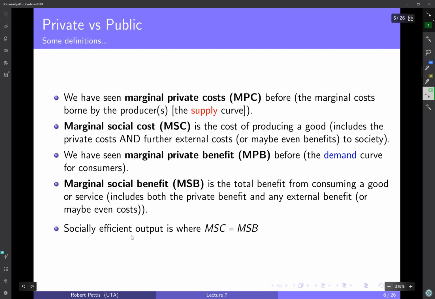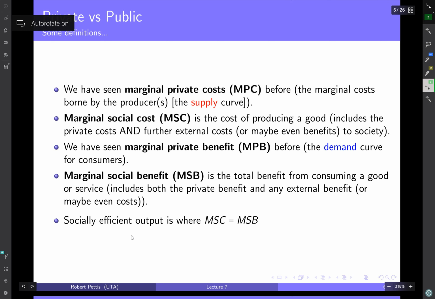But now we're going to add this word private onto the marginal cost definition of it. We're going to call this the marginal private costs. The reason we're doing that is because we want to differentiate this individual level cost from the cost to society.